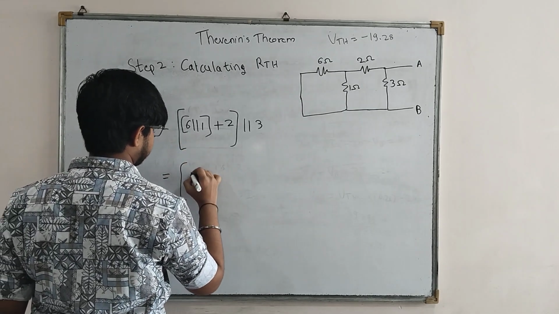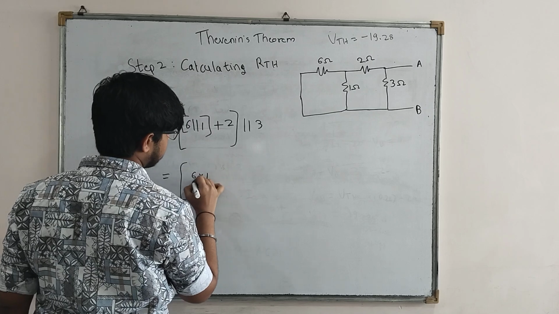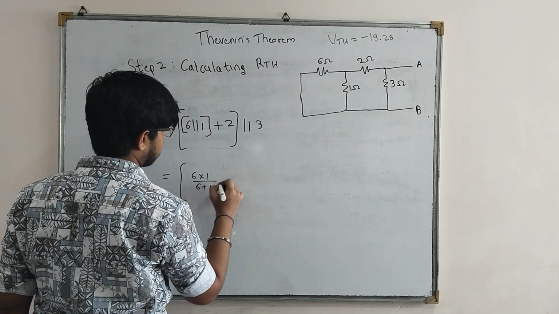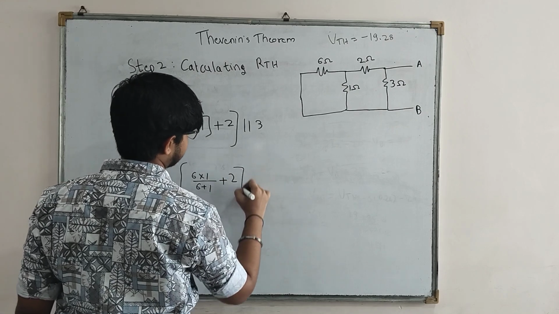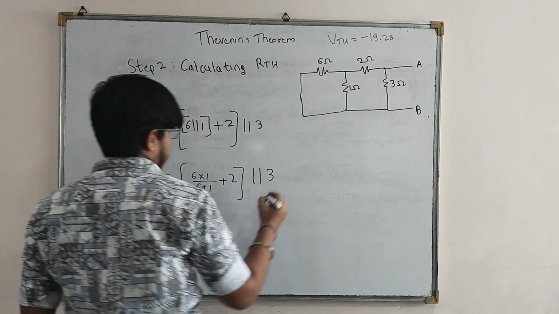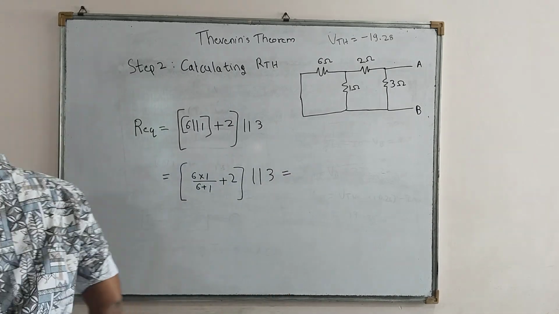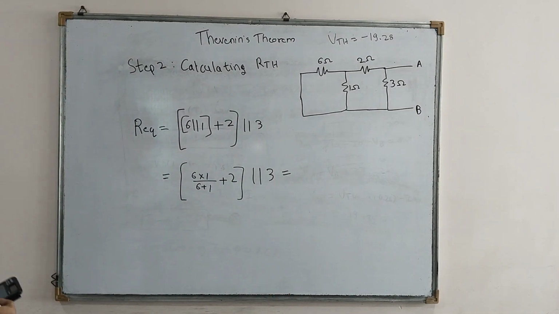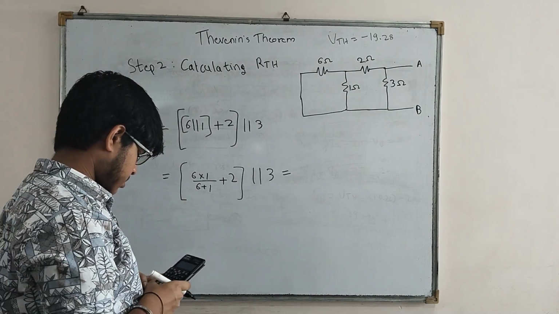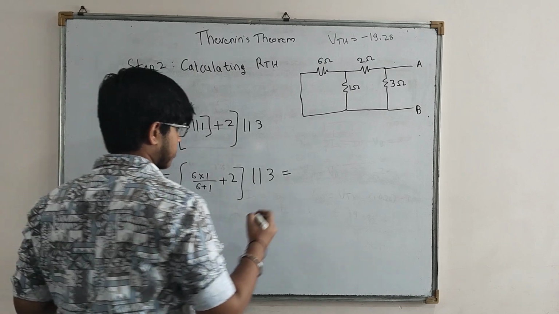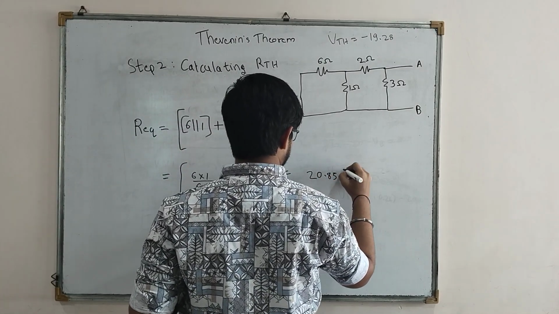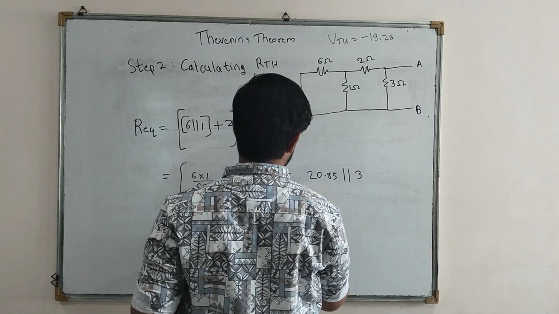I will write it 6 into 1 whole divided by 6 plus 1, whole added with 2, and this entire thing is in parallel with 3. So this turns out to be 20.85, which is in parallel with 3 ohm resistance.